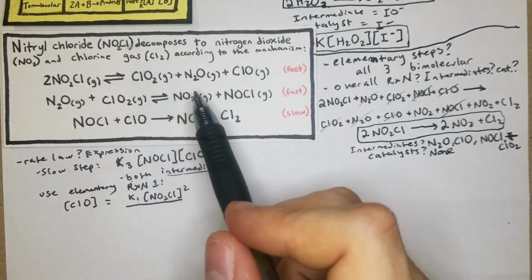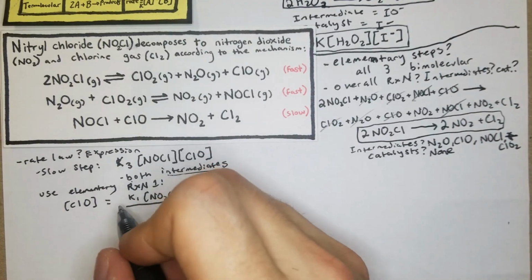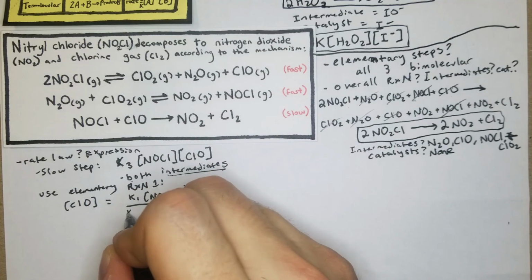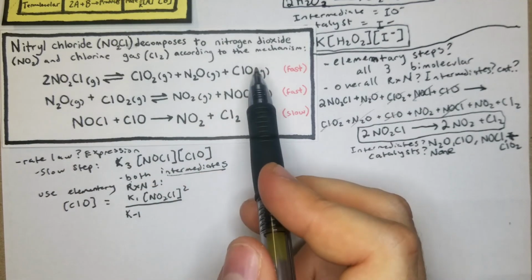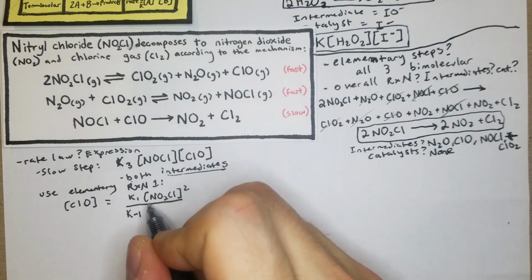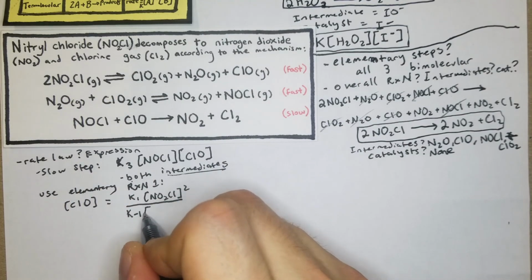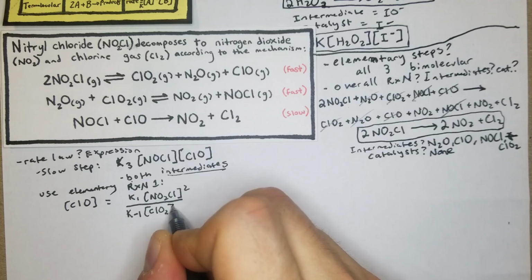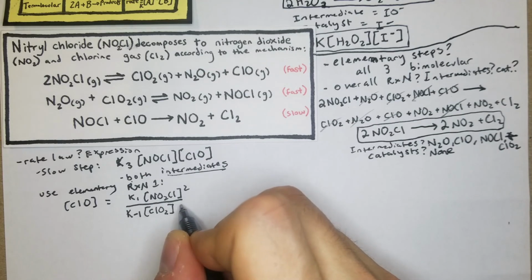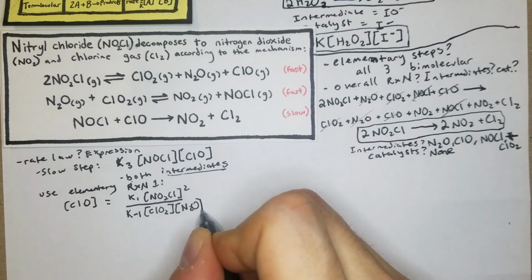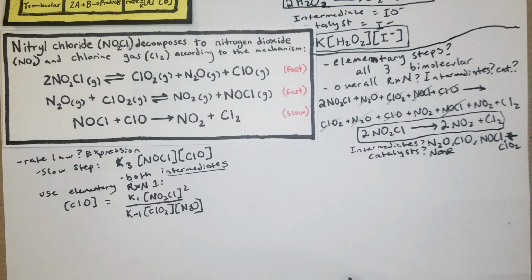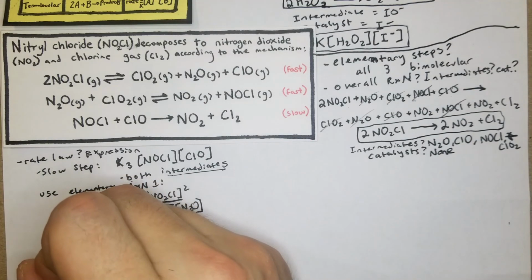We're expanding it out into what it could be referred to as K minus 1. So K1 is going to be this way, K minus 1 is going to be the opposite. So for our K minus 1, what we're going to have is ClO2 and N2O. So that's our ClO.